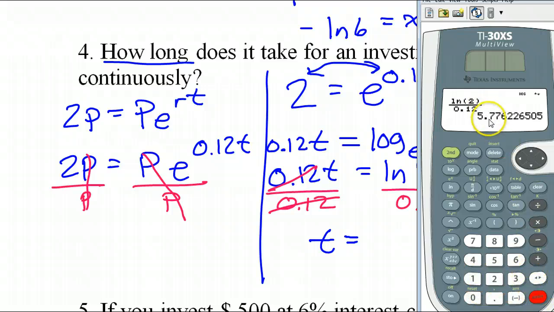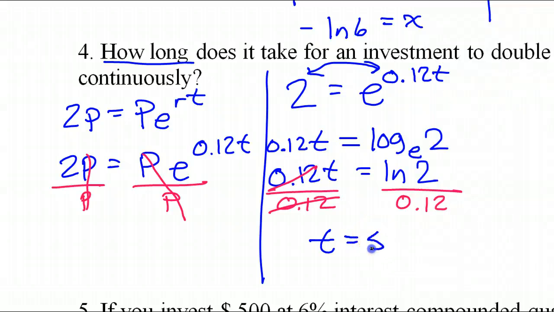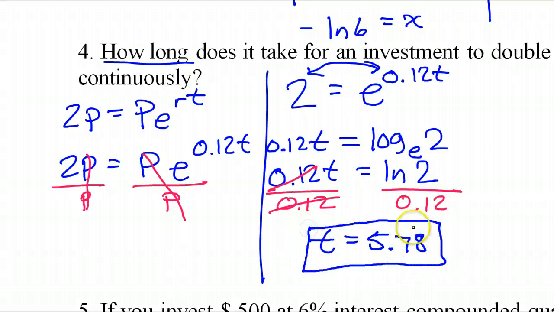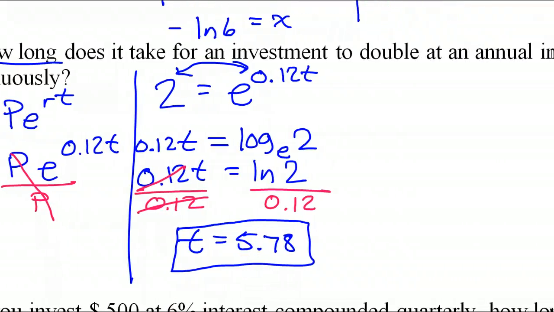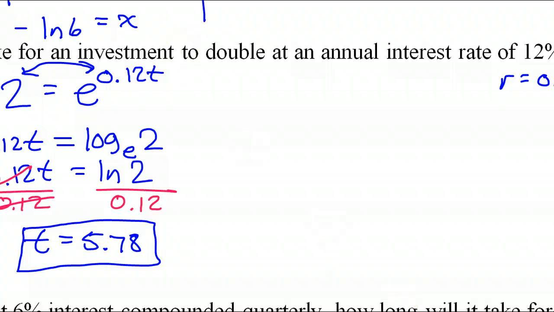That's 5.78, round up. So we're talking years, so it would take almost 6 years for the investment to double at this interest rate, compounded continuously.